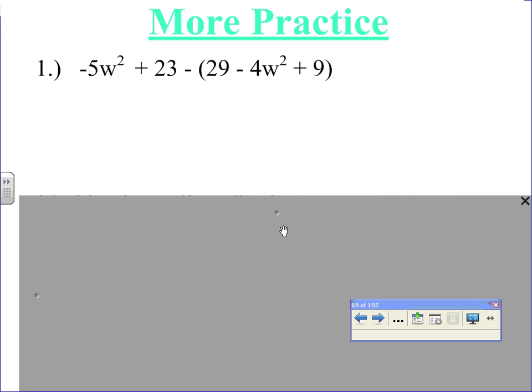If you want to put at the top more practice, I'm just going to number it number 1 because these are the problems that we're doing in class together. So flip it over and write down the problem, and then I'm going to go through these slowly. I'm going to do a couple of these with you guys. Your homework's going to be similar to these tonight.